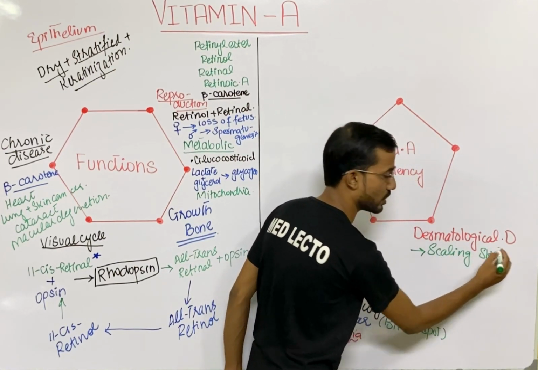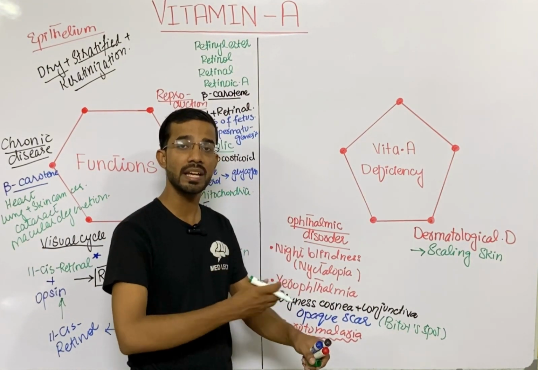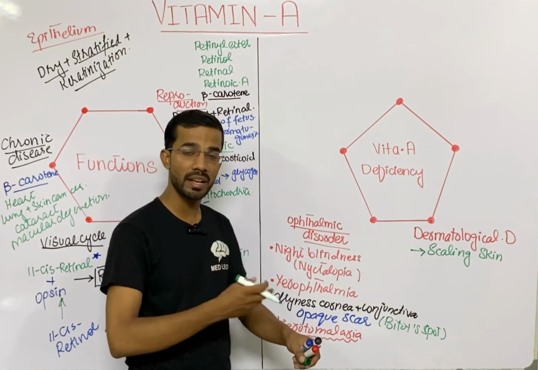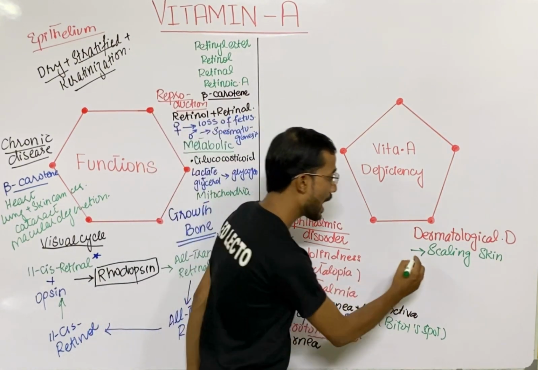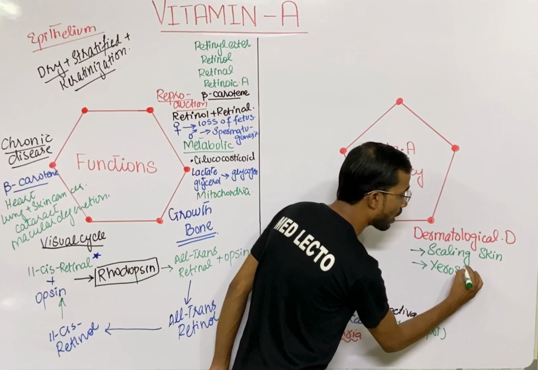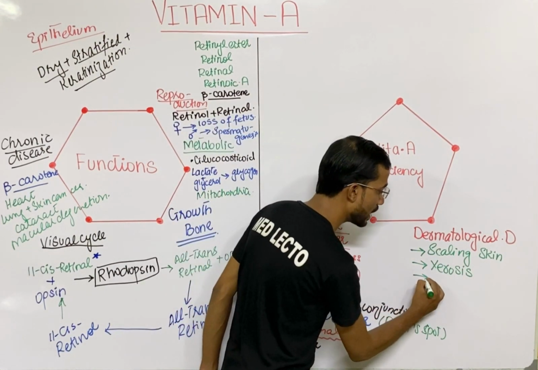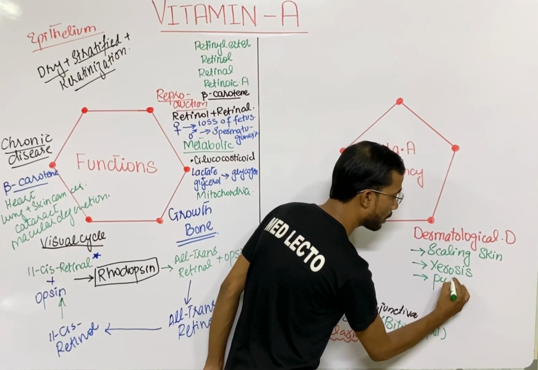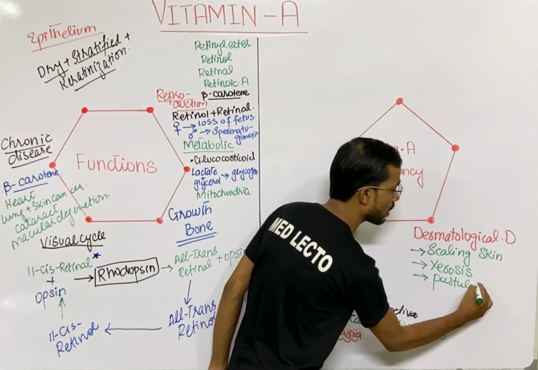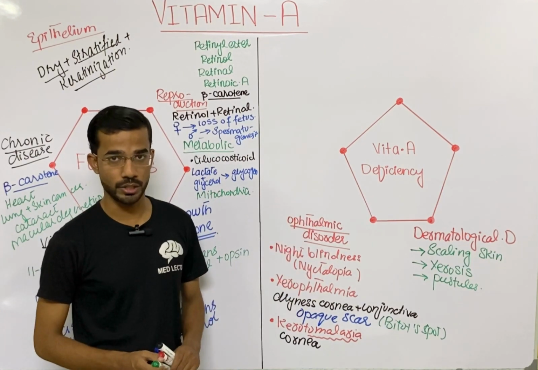You can easily see that the epithelium can scale off from our skin. Next is xerosis, dryness of the skin, and the formation of different pustules on the skin. That is the dermatological disorder.